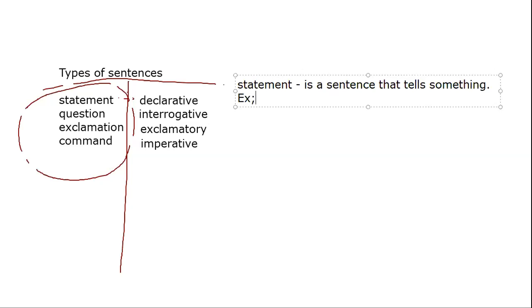An example of that would be: the ant had many cousins. Okay, so here we have the ant had many cousins. You are telling somebody something or somebody is telling you something about the ant. So that is called a statement, also known as a declarative sentence.